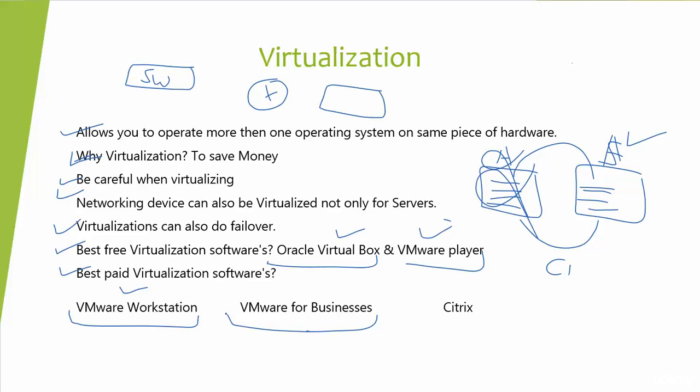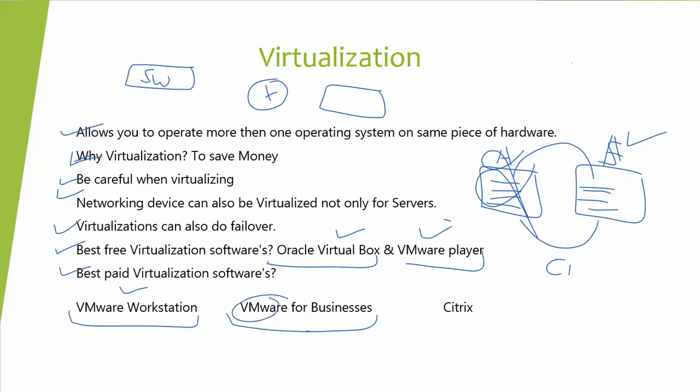And then VMware for businesses, if you have heard the name VMware vSphere, so these days large organizations, enterprise organizations, banks, credit unions, small companies, medium-sized companies, all of them use VMware.